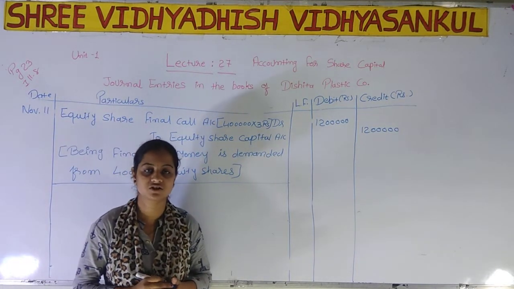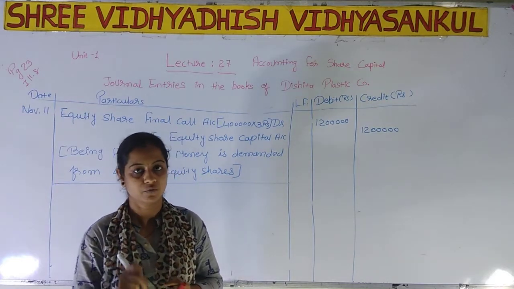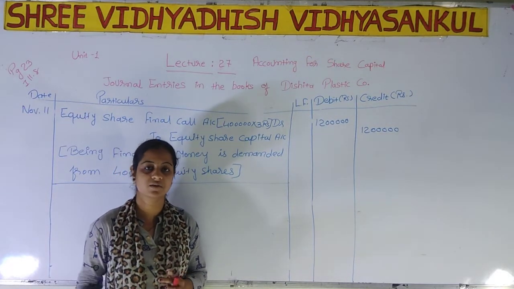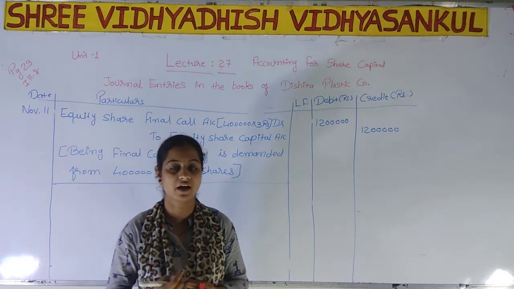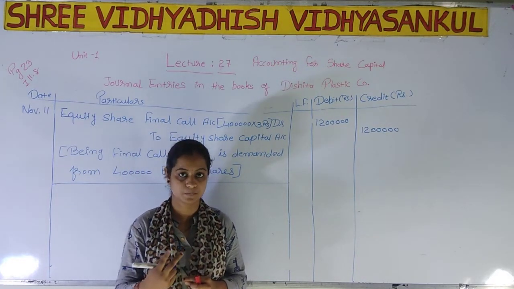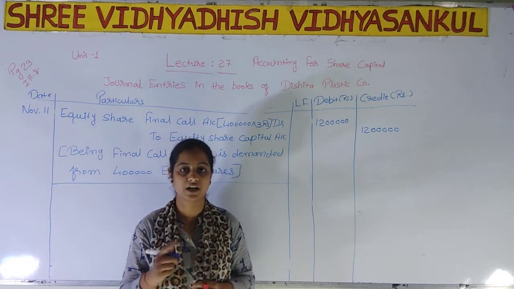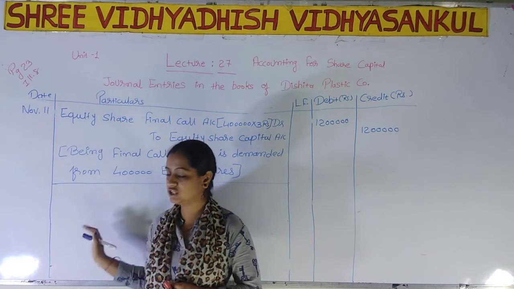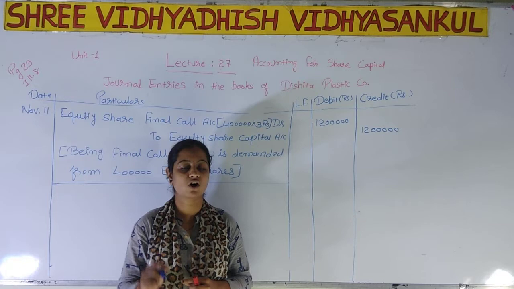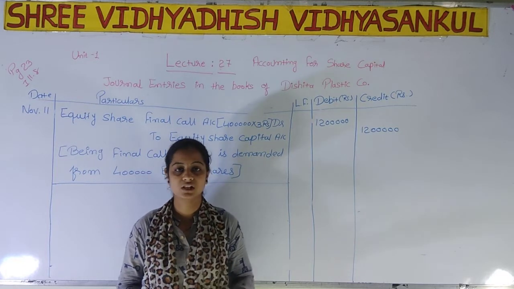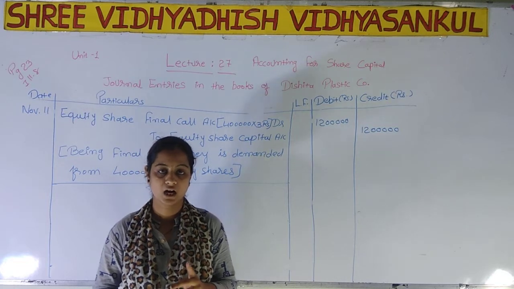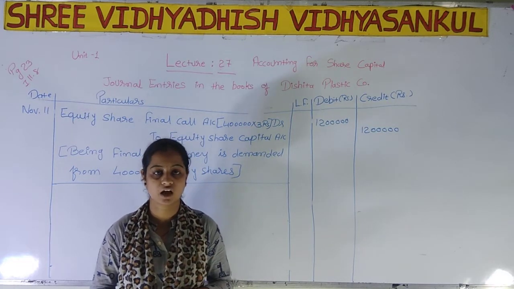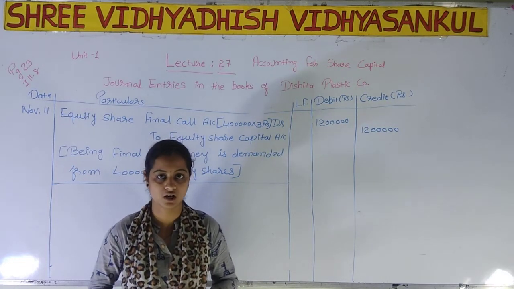This next journal entry will be for receiving, right? But in this sum, we don't have to write the entry of receiving. But see, here we have made 2 tick marks. That means 2 persons have not paid the amount of final call. That's why we have to mention the effect of only call in arrears, right? The simple journal entry for receiving final call money is bank account debit, call in arrears account debit to equity share final call account.